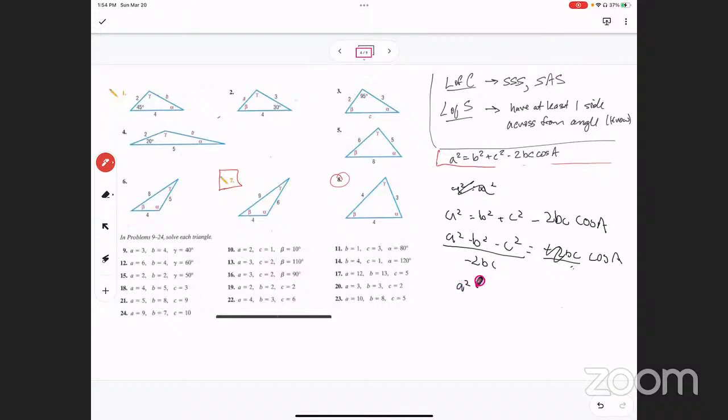A squared minus b squared minus c squared equals... you could just take the cosine inverse of that.